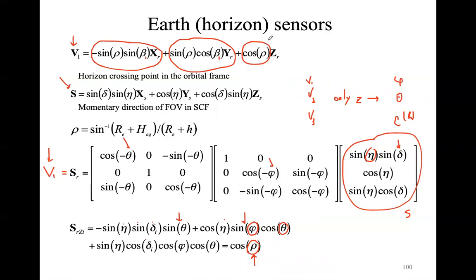That's the reason why the only information is coming from this one, because for all the vectors, the third component will be equal, because it only depends on the altitude of the spacecraft. It is clear now? So beta represents an additional unknown that you don't have any information about.